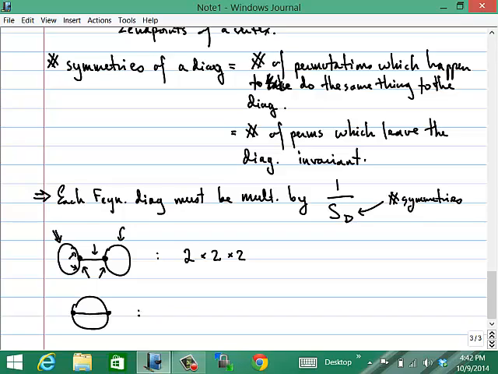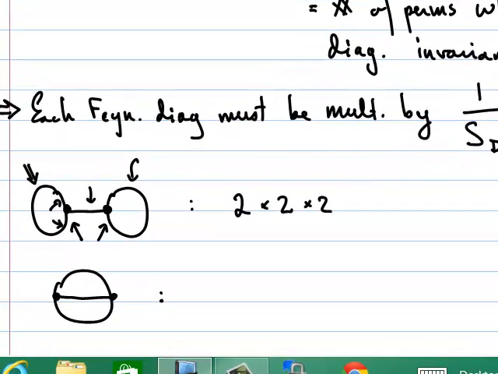So, what's the symmetry factor of this diagram? Well, there are 3 factorial, that is to say 6 different ways that we could rearrange these 3 different propagators. And we could do that rearrangement either by rearranging the propagators or by rearranging the 3 lines that come out of each vertex.